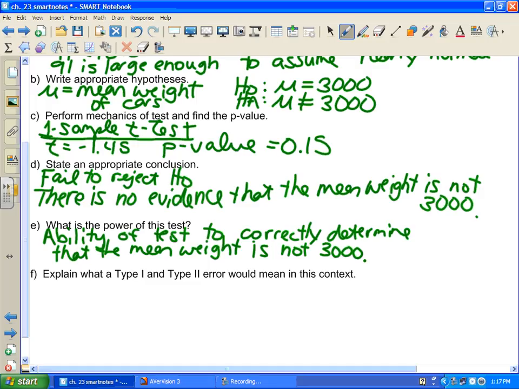Otherwise, you could say something like the ability of the test to determine that the mean weight is 3,000 if it really is. We're saying that the test did what it's supposed to. When the mean weight wasn't 3,000, it rejected the null hypothesis. So it's probably not a bad idea to add it. So it's the ability of the test to correctly determine that the mean weight is not 3,000 if it really isn't 3,000.